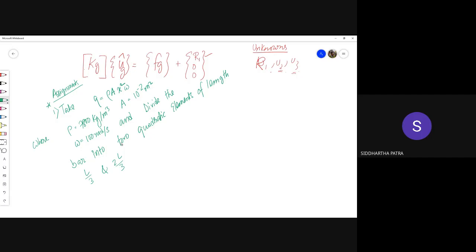Okay, where L is 1 meter. Okay, and solve for nodal DOFs, basically U values, and stresses.